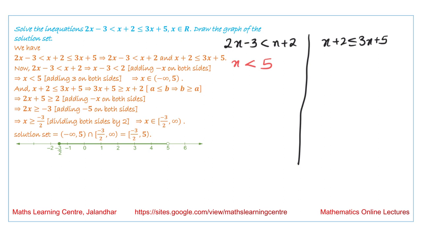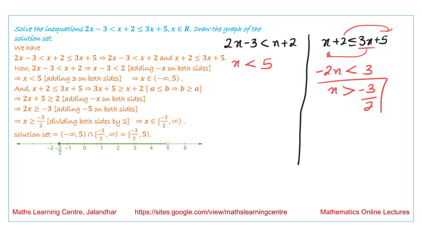Solving the second, if we shift 3x to this side and 2 to this side, we obtain minus 2x is less than 3. So x is greater than minus 3 by 2. The sign of inequality is reversed because we are dividing by minus 2.